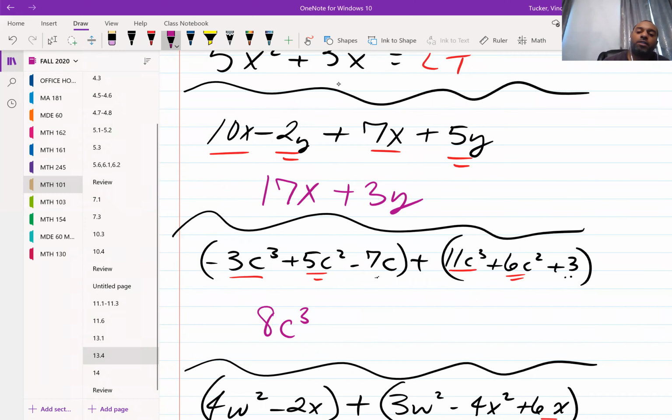Then 5c squared plus 6c squared, 11c squared. I don't have another c term, so I just bring that down. Don't have another constant term, in other words, a term that doesn't have a variable, so I just bring that down as well. Any problems?